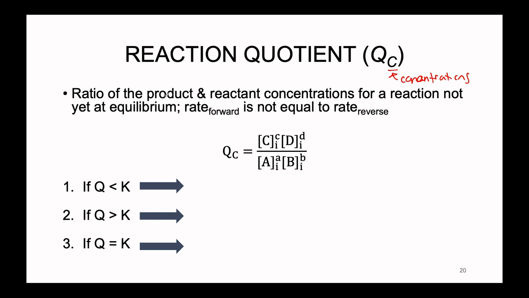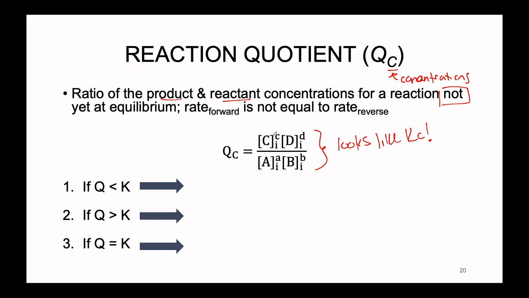This is the ratio of the products and the reactant concentrations for a reaction that is not yet at equilibrium. The equation looks very similar to Kc. We have products raised to the exponent of their stoichiometric coefficients, all divided by reactants raised to their stoichiometric coefficients.